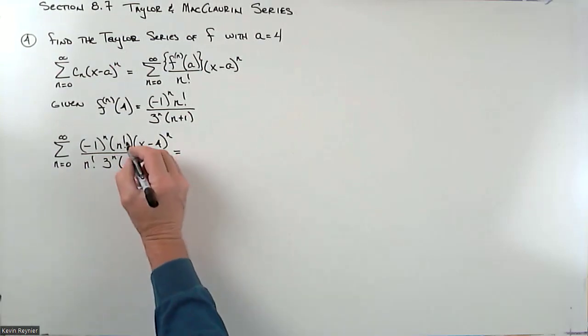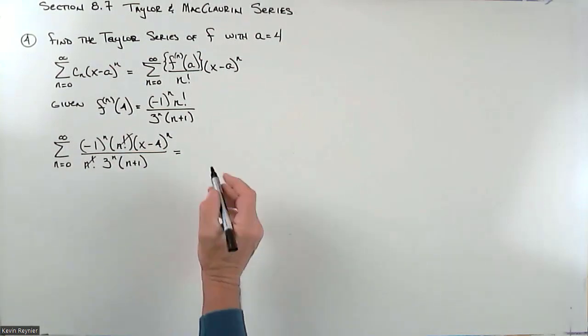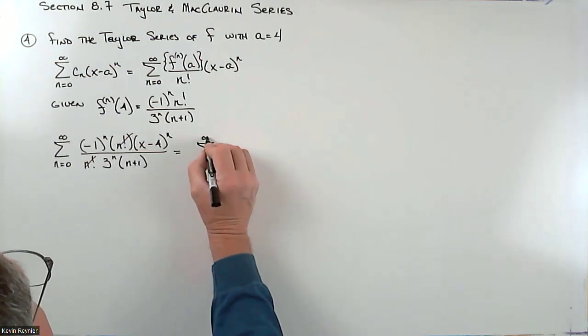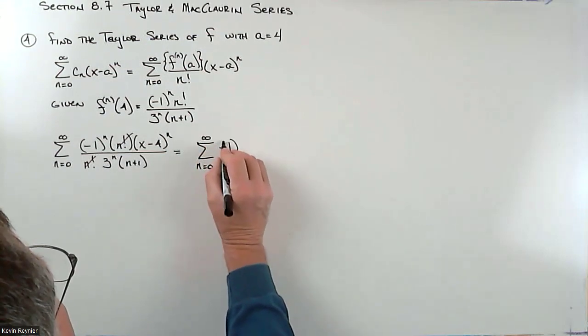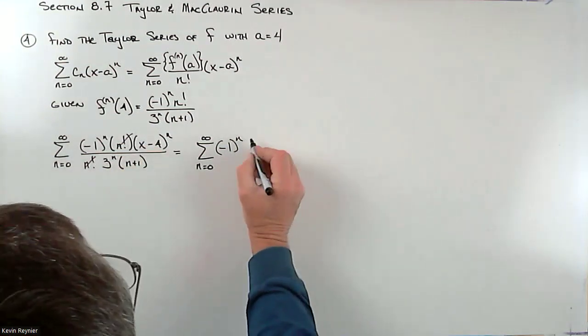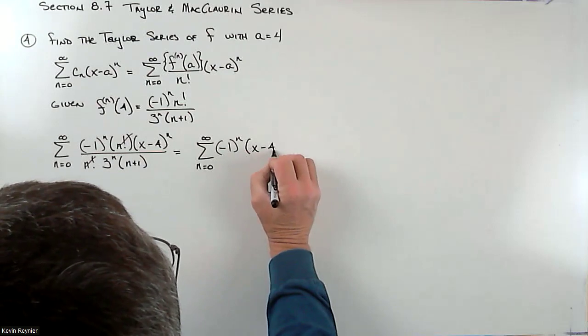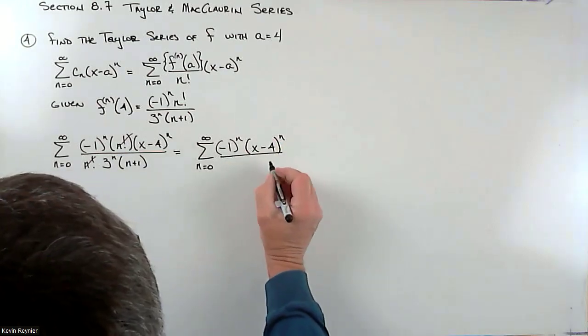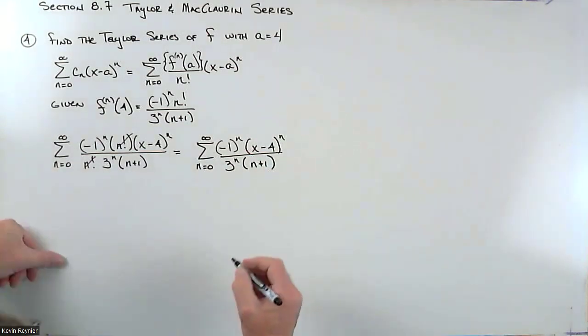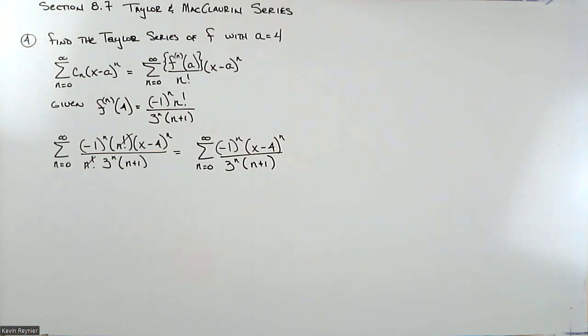And so if we simplify this, these factorials cancel, and that gets us to our answer. So we have sigma n equals 0 to infinity, -1 to the n times x minus 4 to the n divided by 3 to the n times n plus 1. So that's our answer to number 4 for the Taylor series.